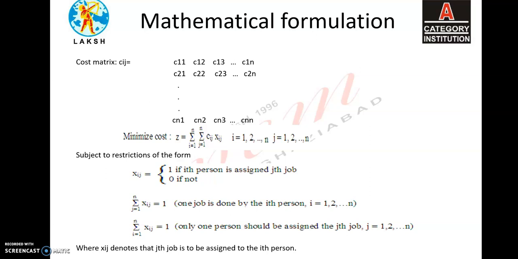Second, the summation over j equal to 1 to n of Xij is equal to 1, meaning one job is done by the ith person, for i equal to 1 up to n, where Xij denotes that the jth job is to be assigned to the ith person, or you can say the ith person can do only the jth job.